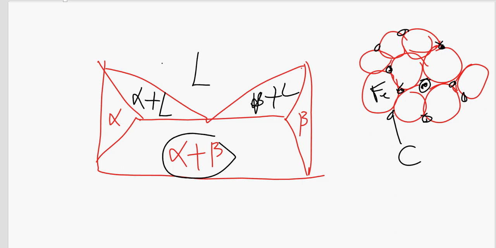Are we together? Here we only have alpha and beta because anything other in this region is dissolved. You cannot see any difference in the phase, so we only have beta. So alpha and beta are solid solutions, while here we have a mixture of two things, alpha and beta.